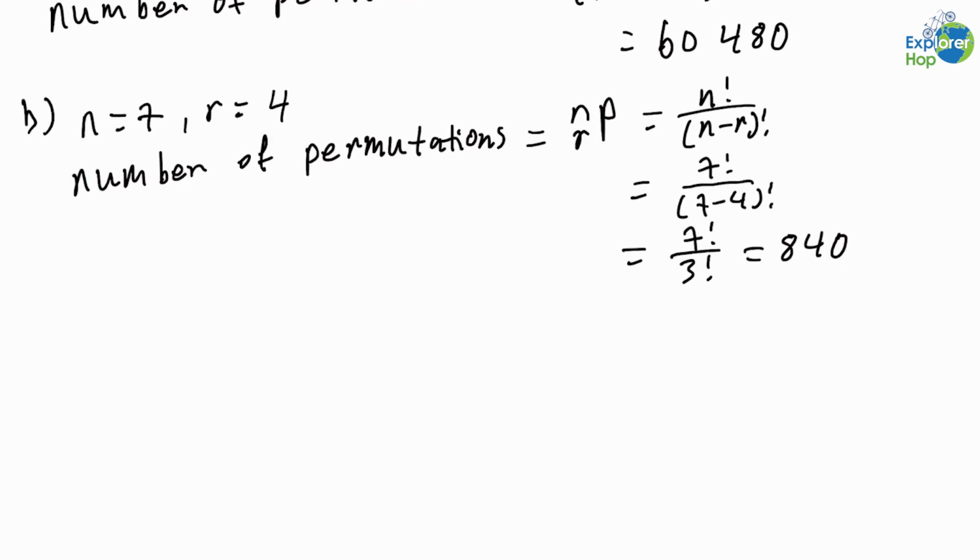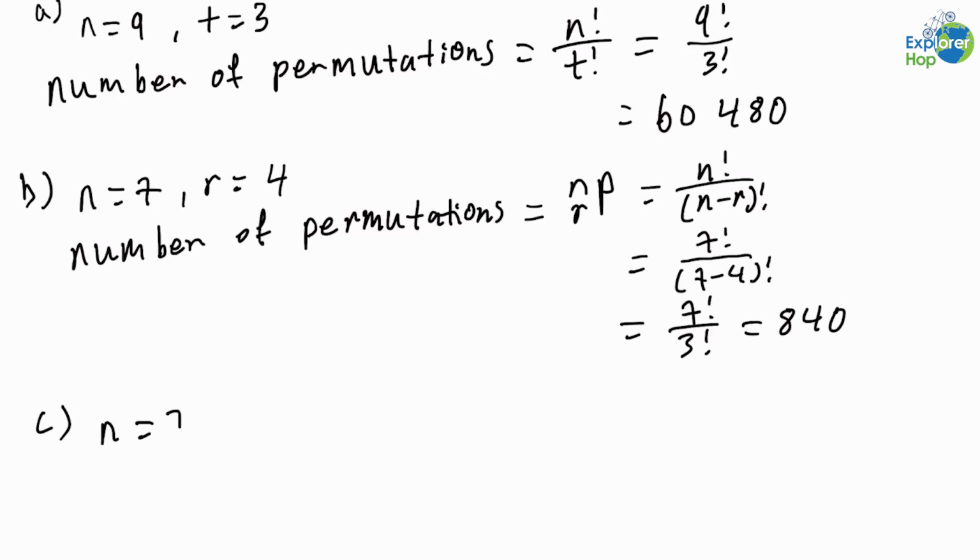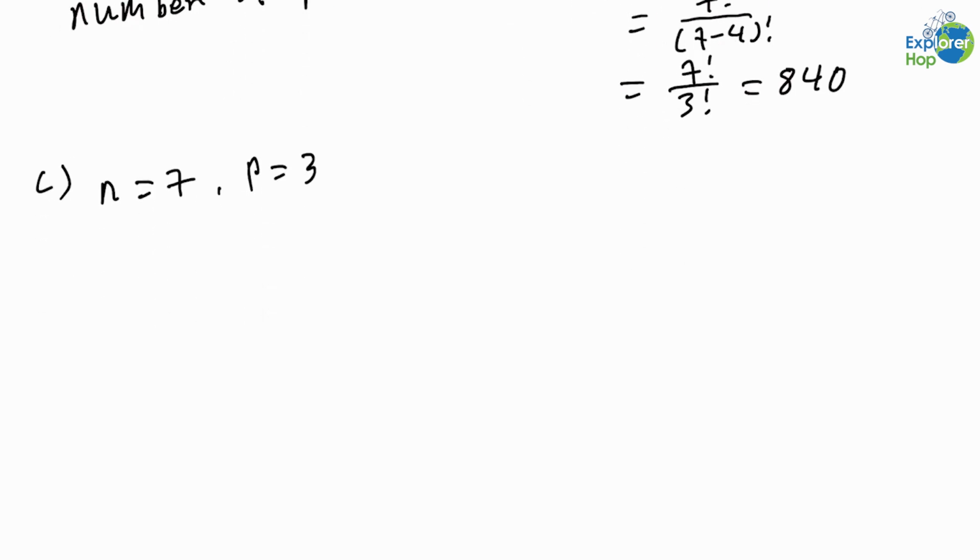Now for part C. So for part C, we now want to find the number of permutations of the 7 letters A, D, V, N, T, G, and E, in which the letters N, T, and G are together. So once again, we'll let N be equal to 7, since there are 7 letters that we're choosing from. And since we want the 3 letters N, T, and G together, then we'll let P be equal to 3. And the number of permutations is given by this formula.